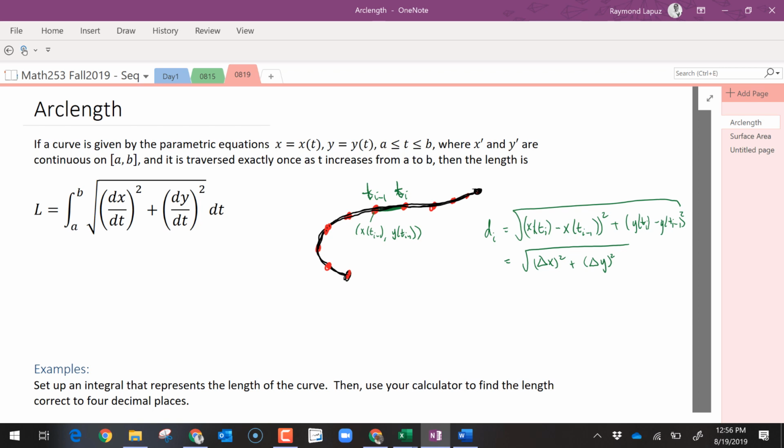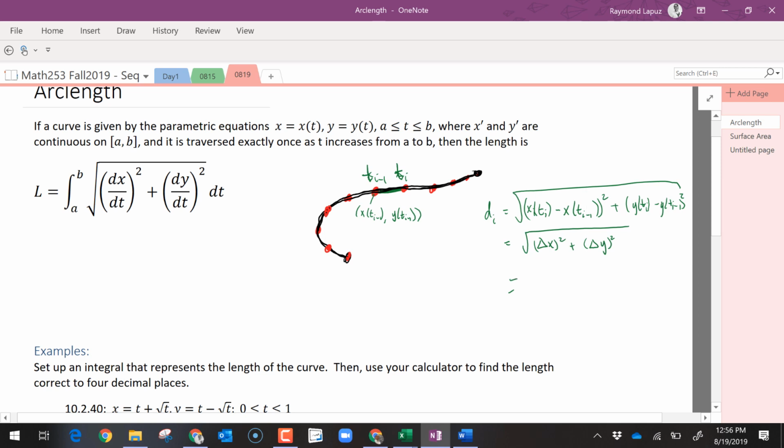And so what we can do is just say, let's divide everything by delta t, which is, again, not something that I would normally talk much about. But again, just to make our notation look nice, delta x over delta t, delta y over delta t.